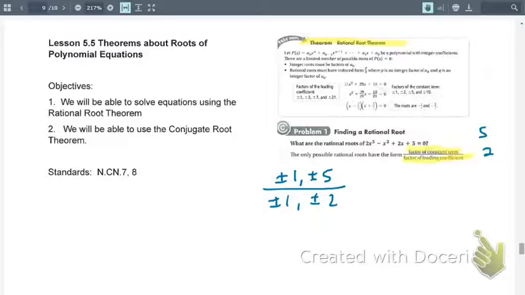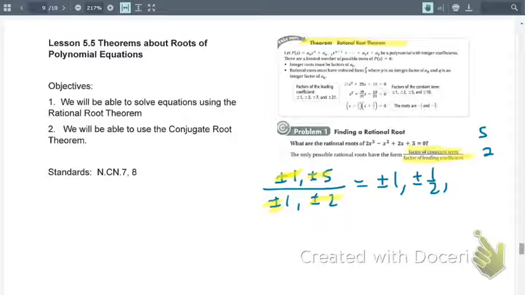Okay, so now we've got to develop our list. We take plus or minus 1 and divide it by plus or minus 1, which is plus or minus 1. Then we take plus or minus 1 and divide it by plus or minus 2, and that gives us plus or minus 1/2. Then plus or minus 5 divided by plus or minus 1 is plus or minus 5.